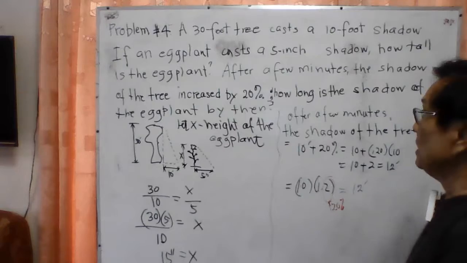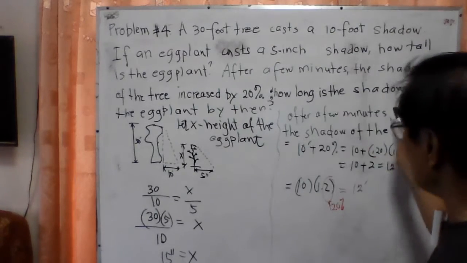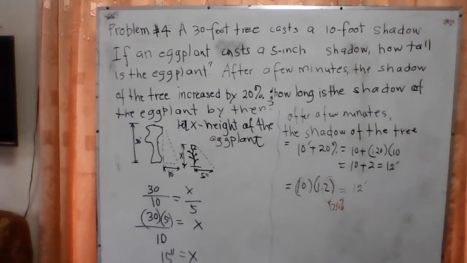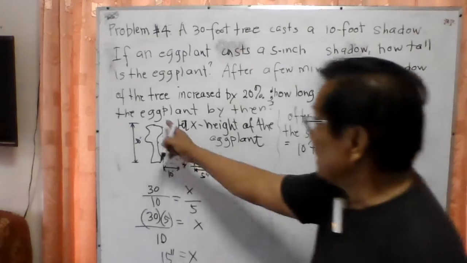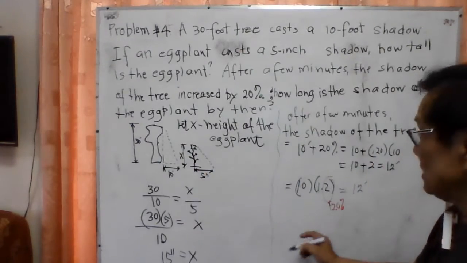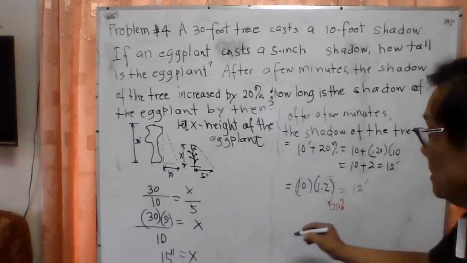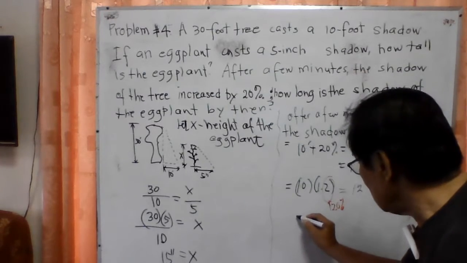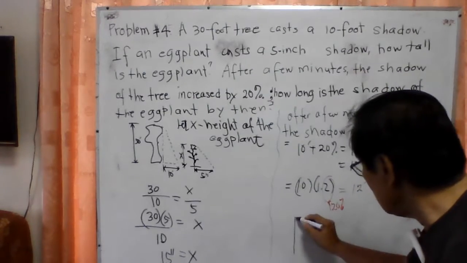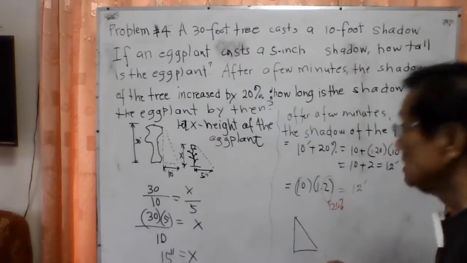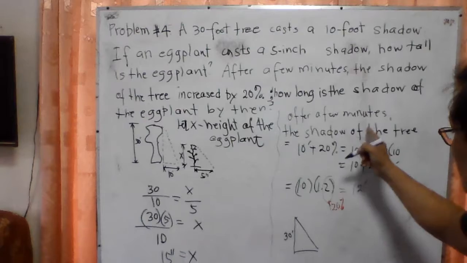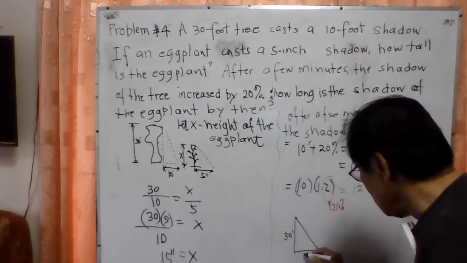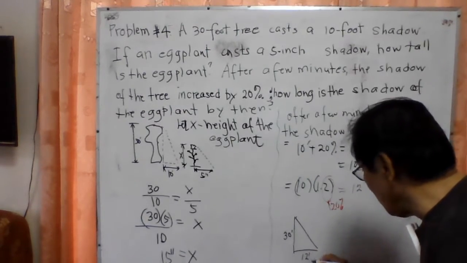Now, the next part of the question, of course, is how long is the shadow of the eggplant by then? Now, we have to draw again here, similarly, but let's just draw the triangle. This is the tree. This is 30 feet. But after a few minutes, the shadow is now 12 feet.